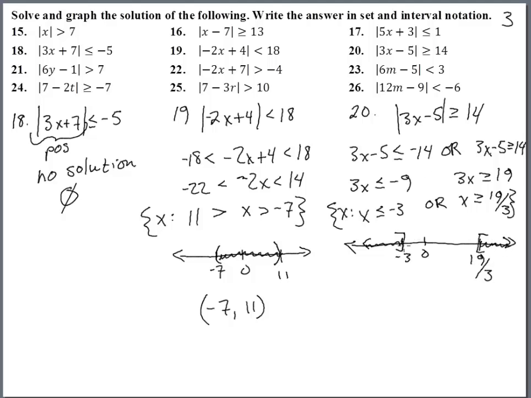Luckily that's not an and statement or we would have no solution. That's what actually happens on that one right there. Having something less than -5 and bigger than 5, you end up with this kind of situation. So interval notation, -infinity to -3, open, closed, union, 19/3 up to infinity. And there we go.